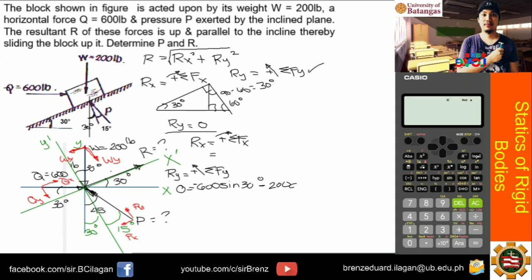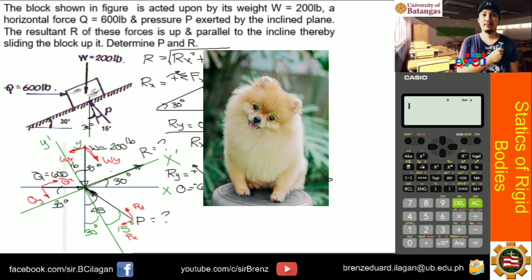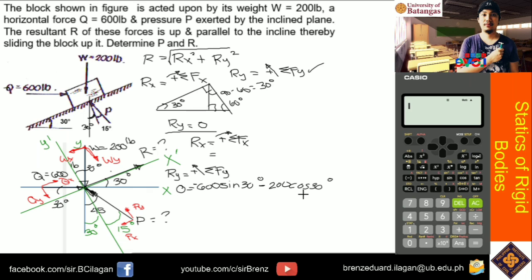So again, tagilid nyo yung ulo nyo ha, para hindi kayo nalilito doon sa mga angle na pinapakita ko or kung kailan nyo gagamitin si sine and cosine. 200 cosine 30. And next will be our p. So siya lang yung nagiging positive value. So that is plus p cosine 15.